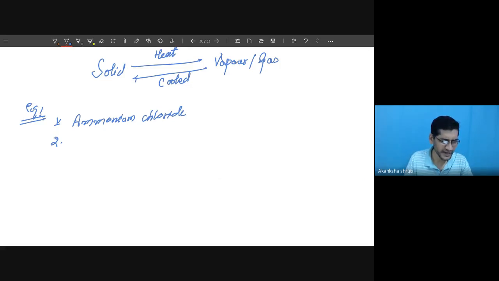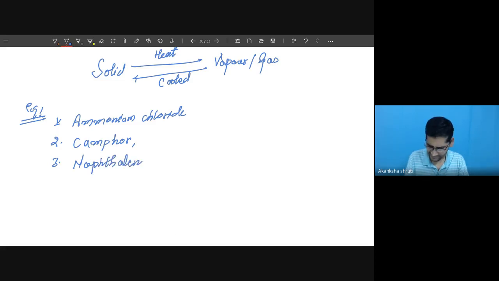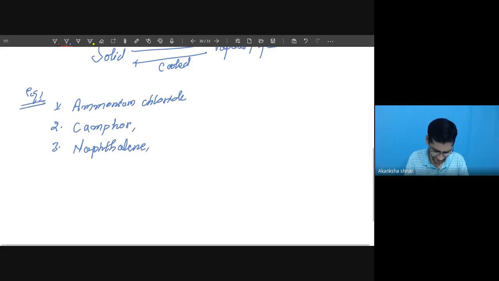Next, you may write camphor, that you are observing. The next is the naphthalene ball that you are observing. There are others also, like anthracene.